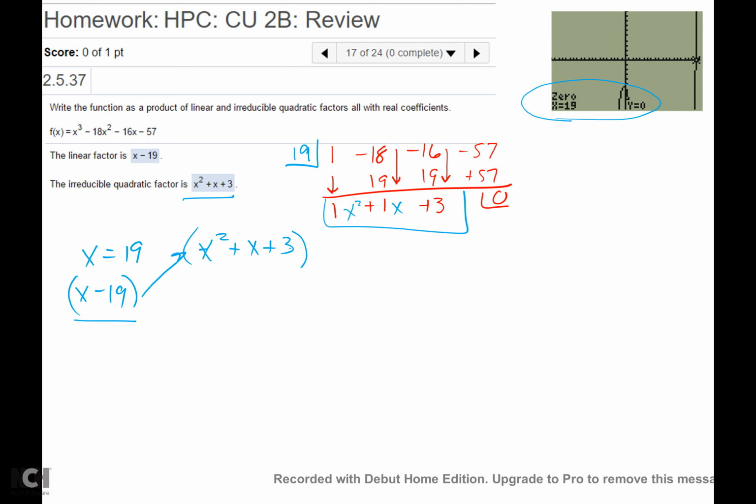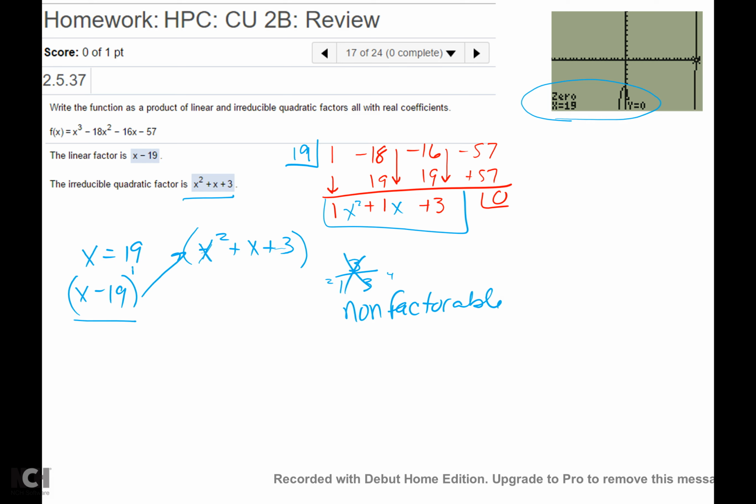Why, if I tried to factor this down more, I can't, because if I do a times c, 1 times 3 is 3. The only factors of 3 are 1 and 3, which could make 2 if I subtracted, or 4 if I added. There's no way to make 1 in the middle, so it's non-factorable. I could solve it. I could do quadratic formula and get the solution, but I cannot factor it.